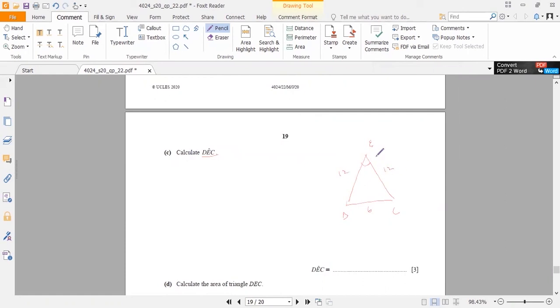I need to find this angle. For this I am going to apply the law of cosines: cos E will be equal to (12 squared plus 12 squared minus 6 squared) upon (2 times 12 times 12).